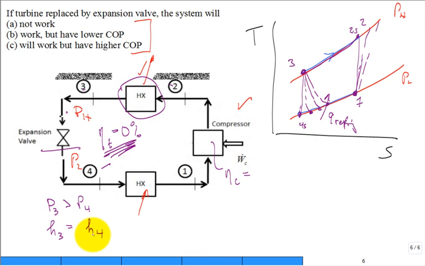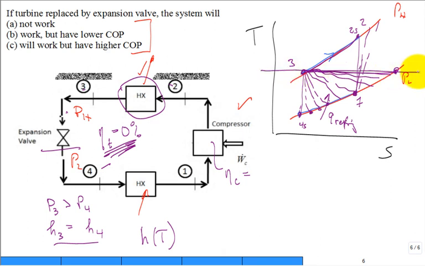I get no work out of the expansion valve. I remember for an ideal gas that enthalpy is a function of temperature only, right? So guess what? At the worst case, where does state 4 continue to drift to? A horizontal line, constant temperature on a TS diagram.